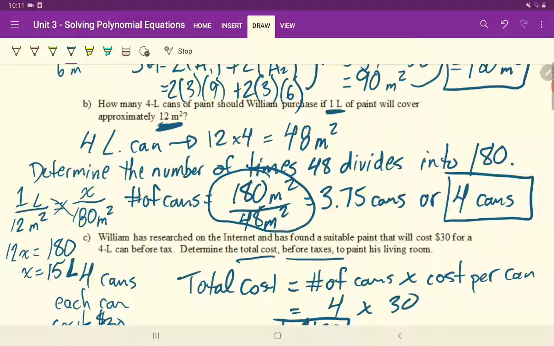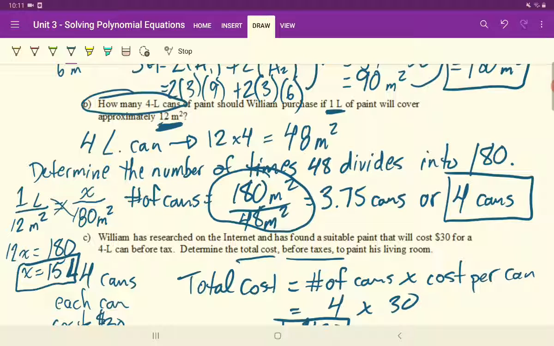Now, that doesn't fully answer our question because our question is how many cans of paint? So, although this is a good way, you can see that now we have to do a second step, although we kind of did two steps in my first method. But we did it really quickly, kind of mentally, where we converted the fact that this was for 1 liter of paint, but we can buy 4 liter cans.